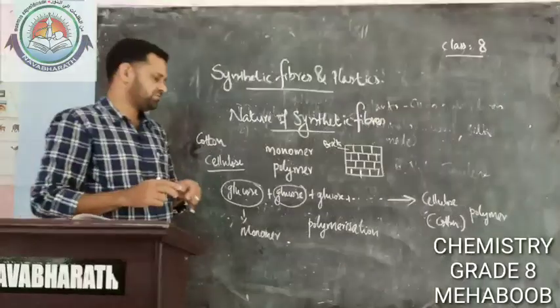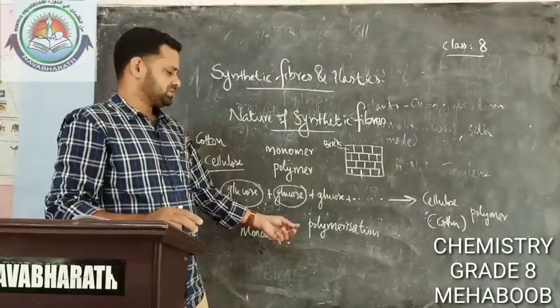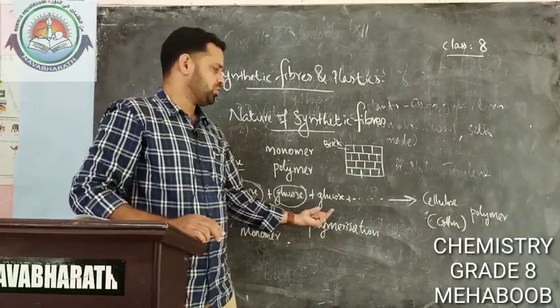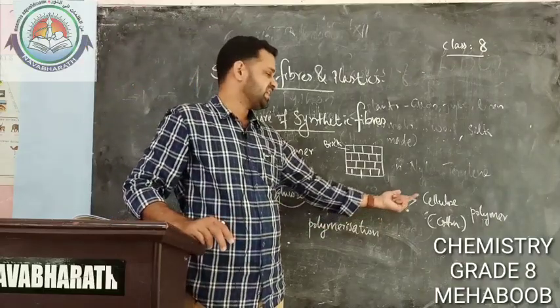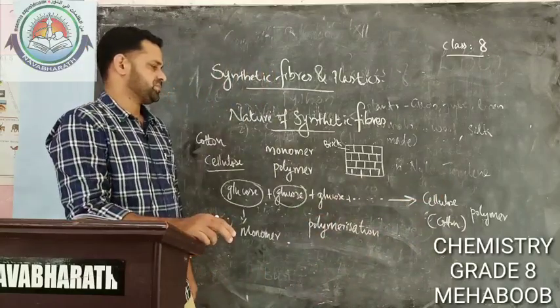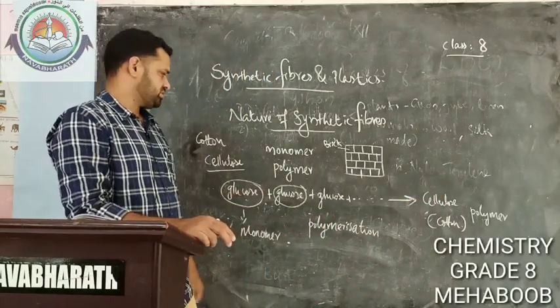Polymerization is a process of combining a large number of monomer units to form a large single unit, called a polymer.